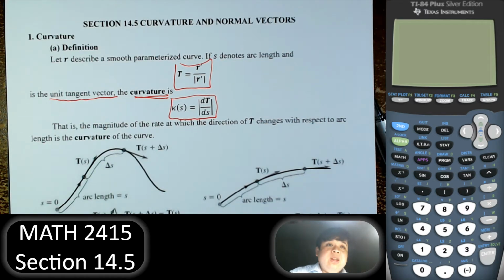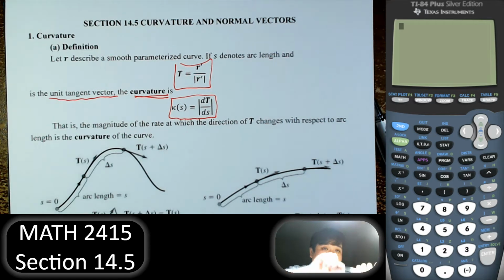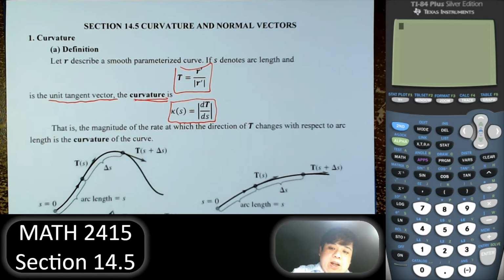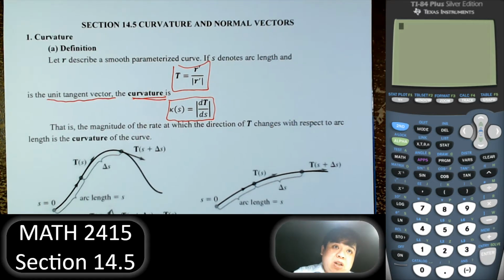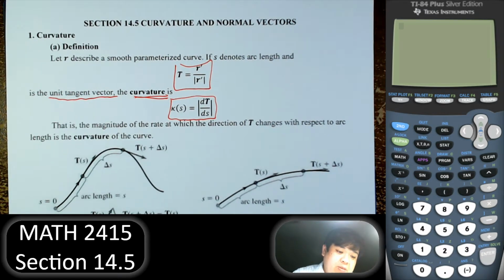So if we have a straight line, the curvature would be 0. If we have an arc of a circle, the curvature will be something, but for a straight line the curvature will be 0.